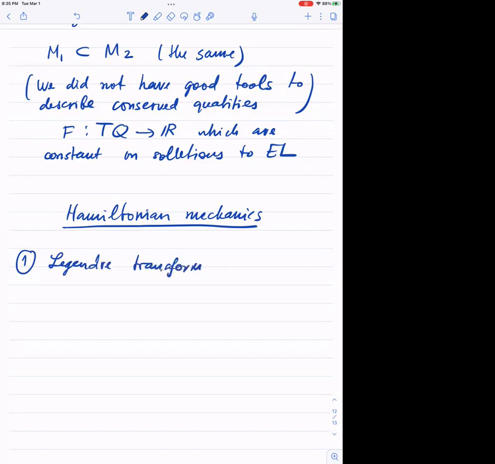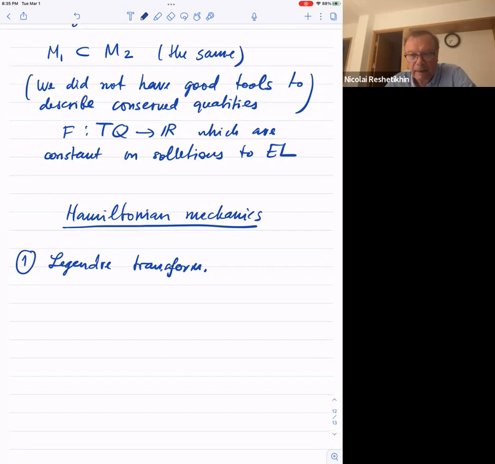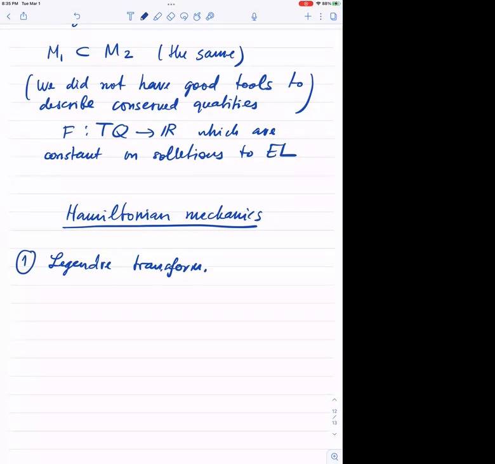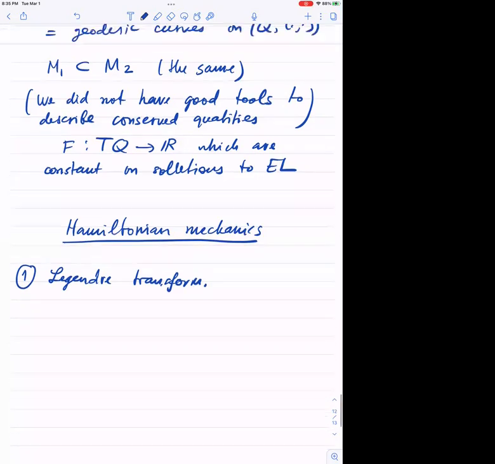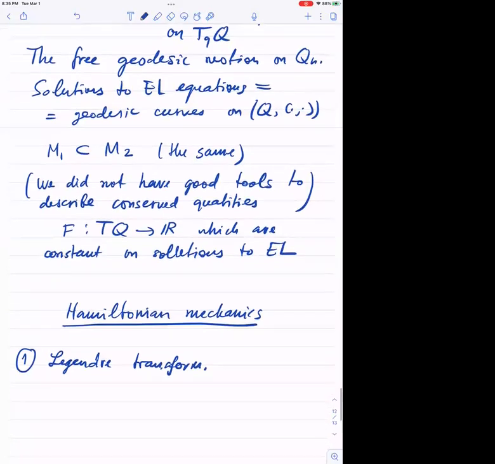Wait, sorry, I did have a question. I'm just going back slightly. The point about using potentials to constrain the motion to Q. That's the part that I can believe, but I'm not really sure what that means.